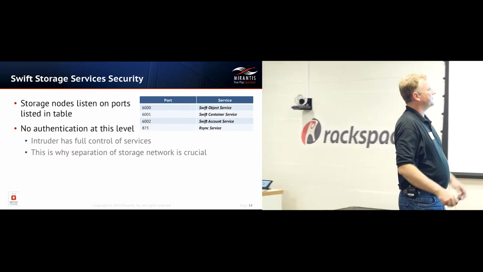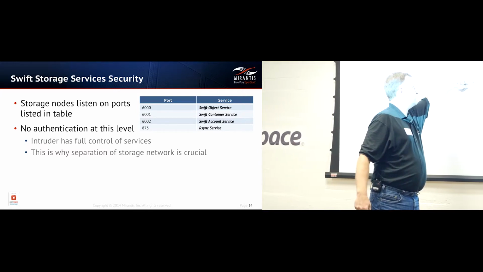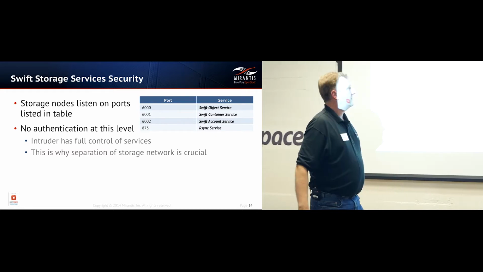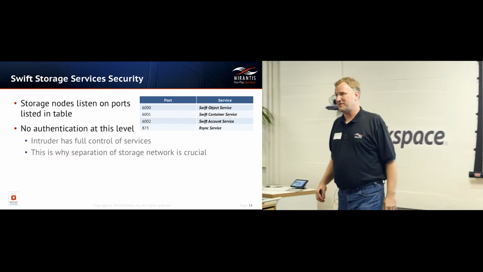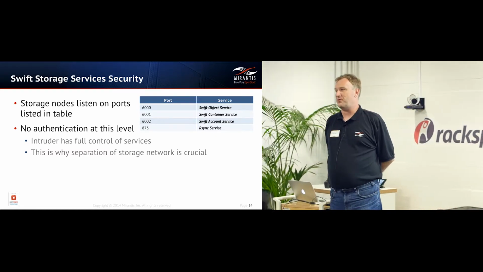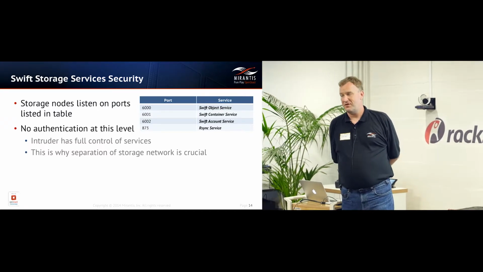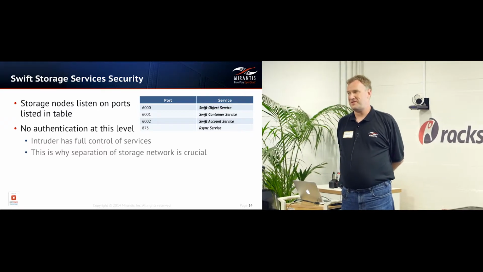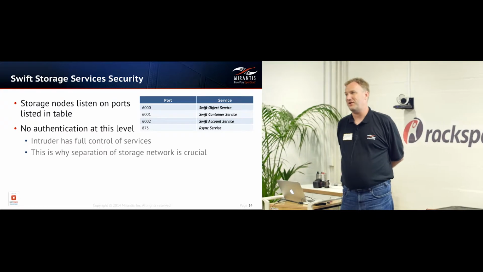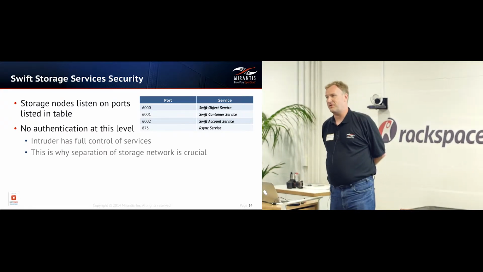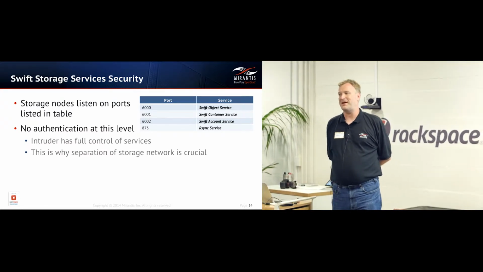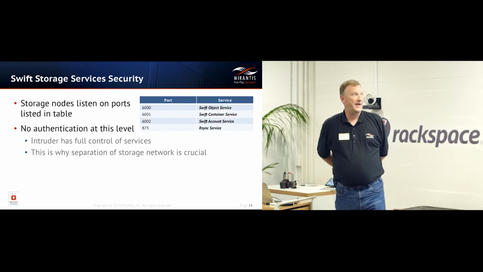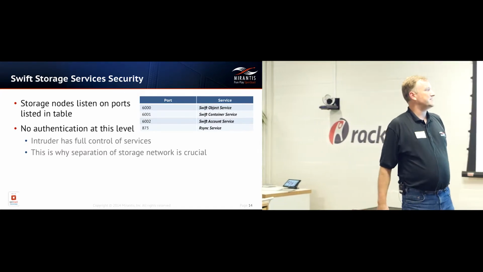These are the ports that are open or need to be open on a storage server. They need to be visible from a storage server to all proxy servers. So, if you want, it's actually possible to firewall off the storage network entirely, even from your proxy servers, to mitigate the risk that somebody might hack the proxy servers and get to your services directly.